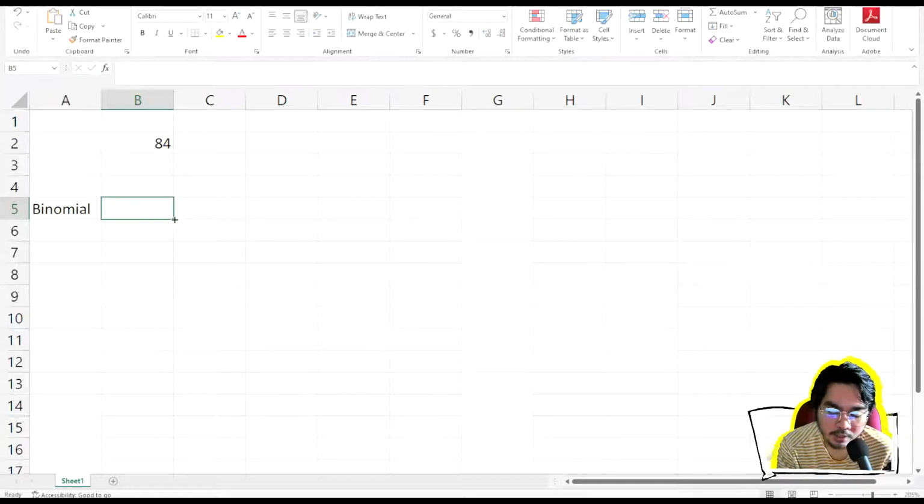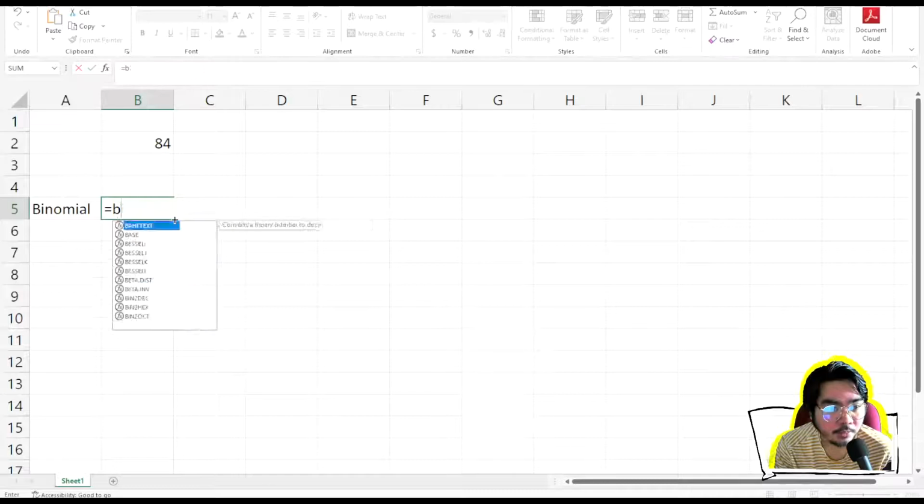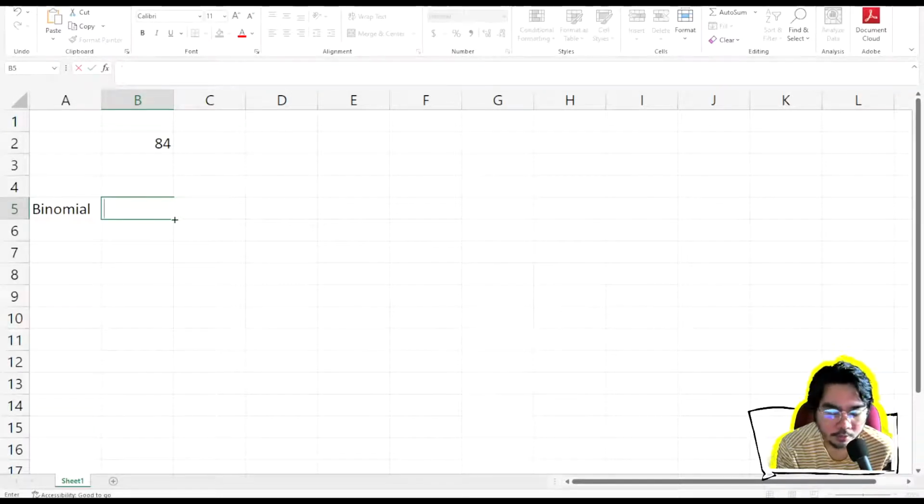Binomial, ang relevant na formula natin is equals binom.test. Okay? So ito yung ginagamit nating formula, no? Binom.test. But we can, and siguro pwede kong we can also do this class, no?